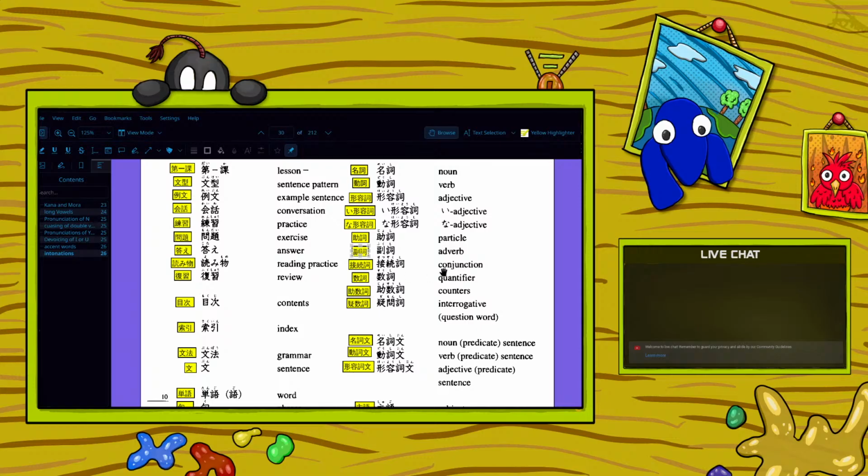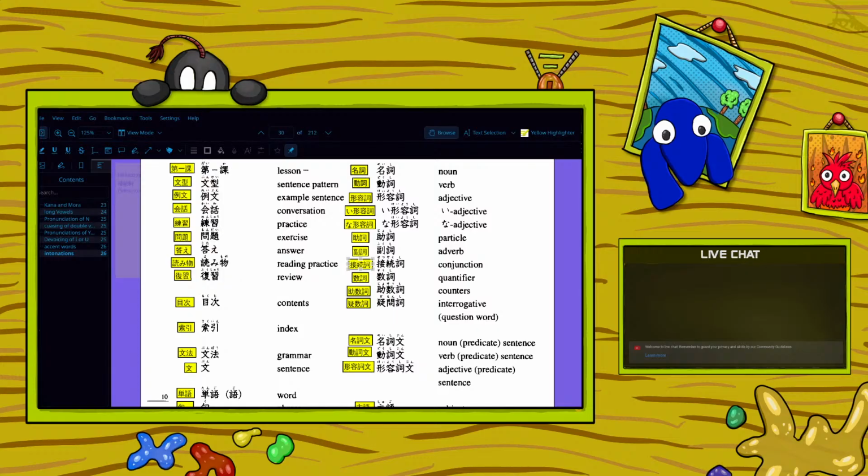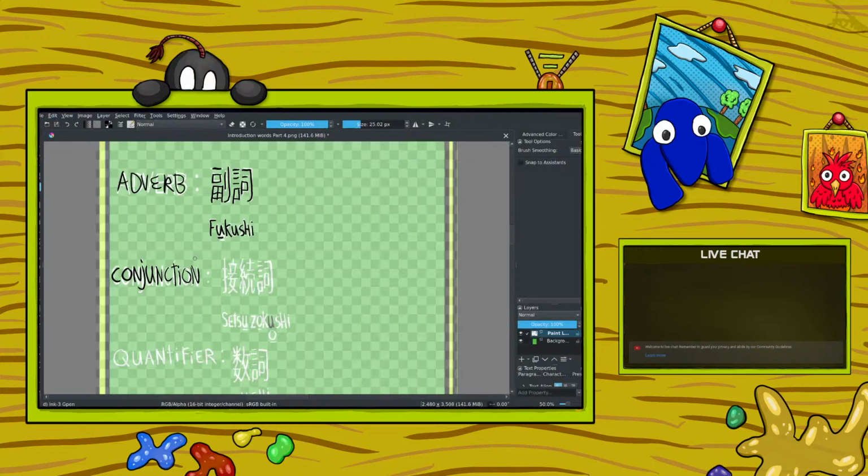Adverb, conjunction. Which is that one. So then we have setsuzokushi. So that's the one. Alright, time to get that one in.